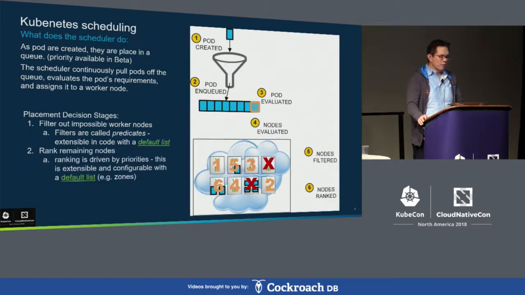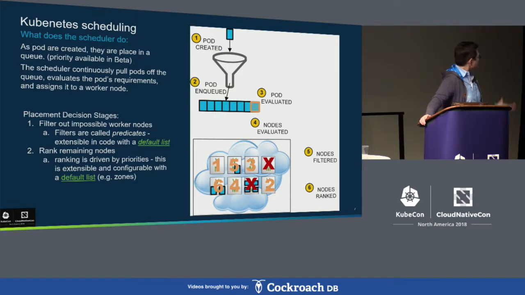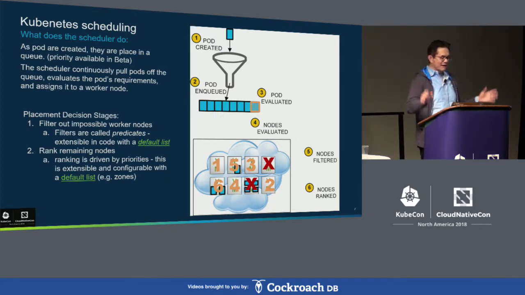Afterward, you're left with a list of eligible nodes, and in this case, it would be those orange ones. So we've got 6 possible nodes, meaning they're not impossible. And there might still be preferred nodes to run those on. This ranking is called priorities in the Kubernetes architecture. This, once again, is extensible. There's a default list, and an example of this is zones, which we'll get into in just a bit.